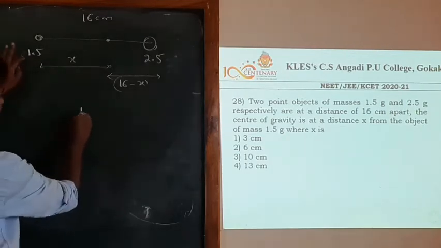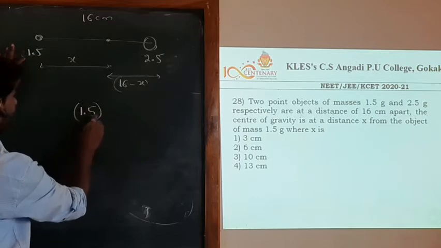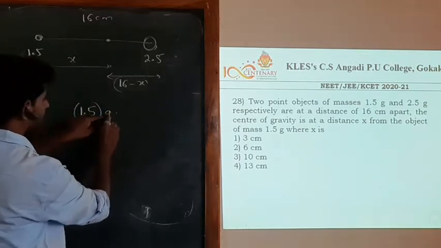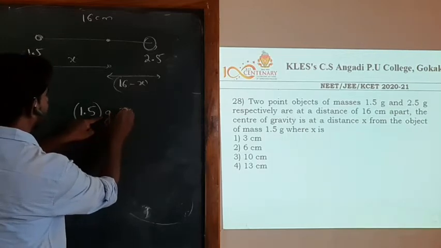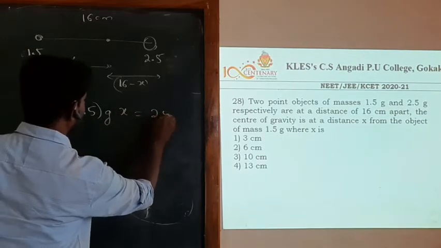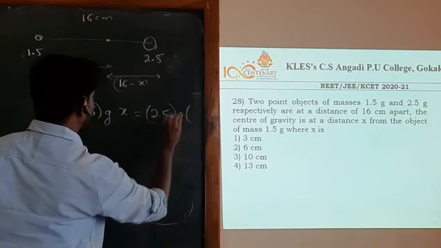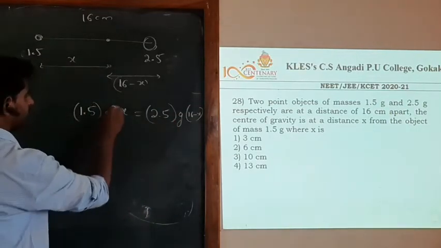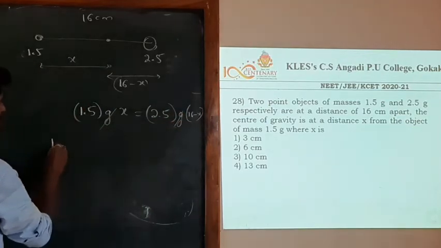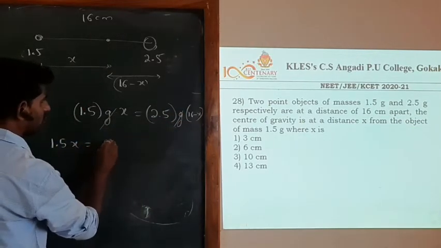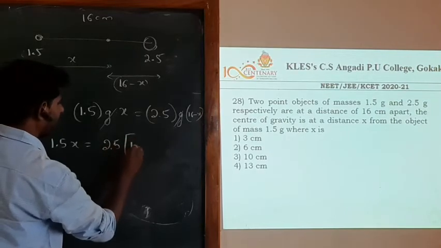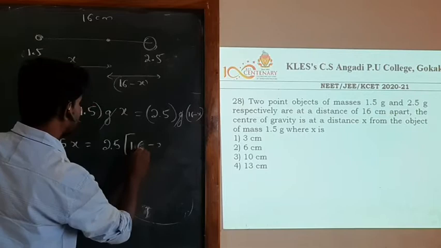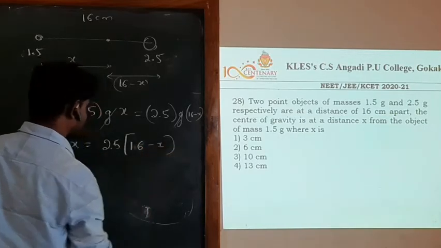The force on this one is mass 1.5 into its acceleration due to gravity, into the distance x, is equal to the mass into g into the distance 16 minus x. Now the g and g cancel. Here it is 1.5x equal to 2.5 into bracket 16 minus x.